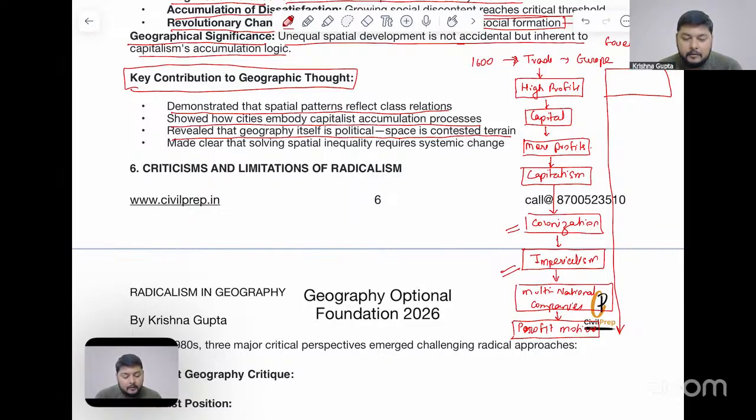Currently, we are also fighting a war, a company's war, in the form of multinational companies. It made clear that solving spatial inequality requires systematic change, like the overthrow of capitalism and the rise of an egalitarian society.